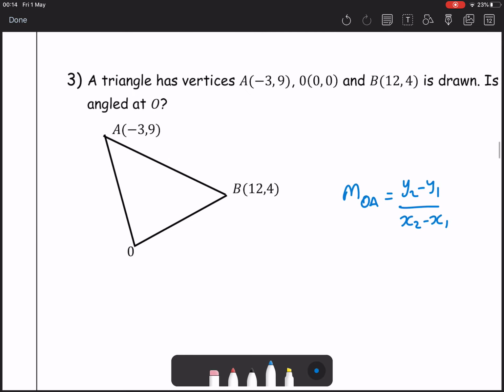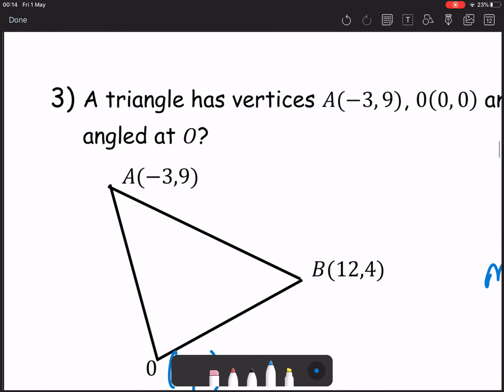In both instances, my first point will be the point 0, 0. And I will have x and y of my second point in each.